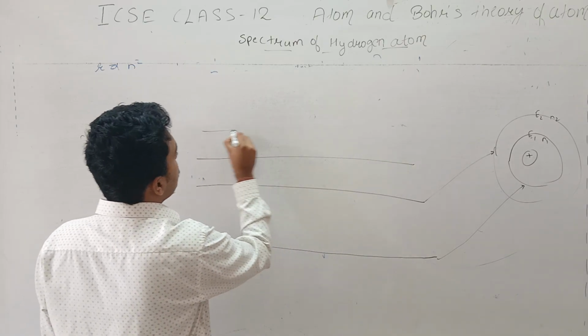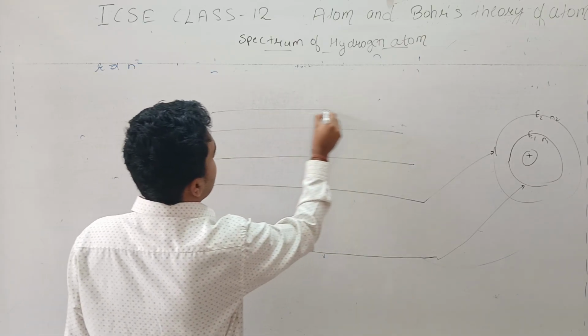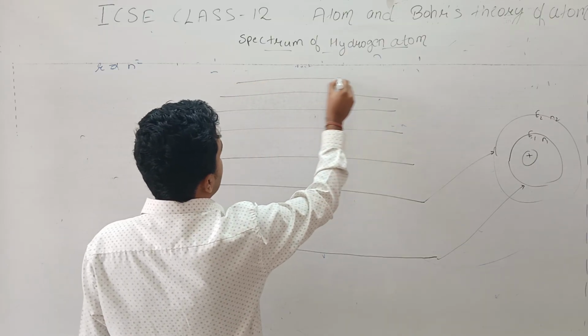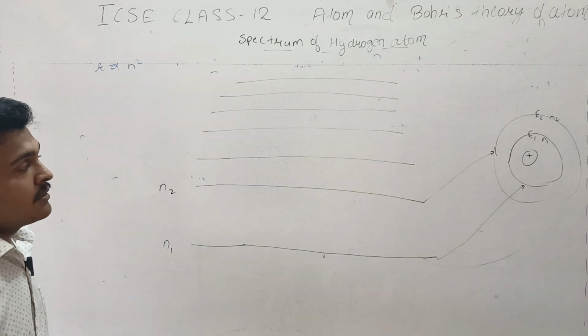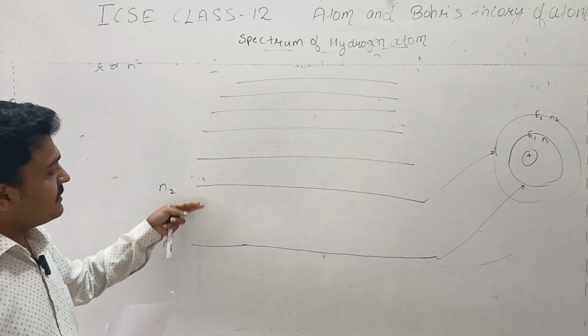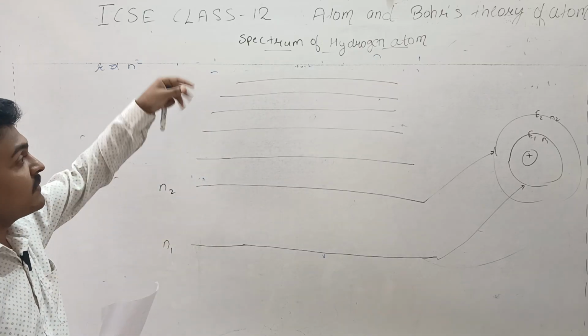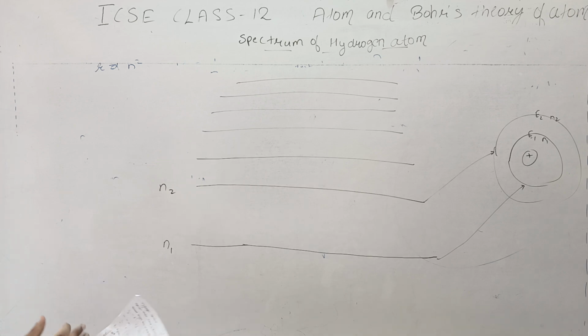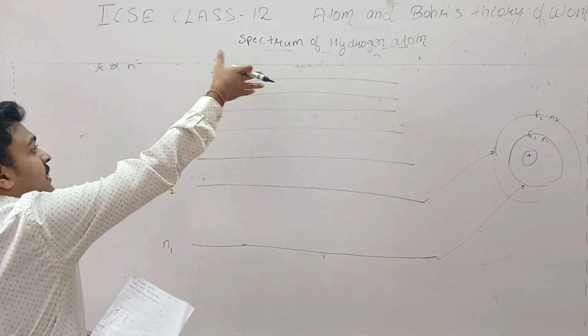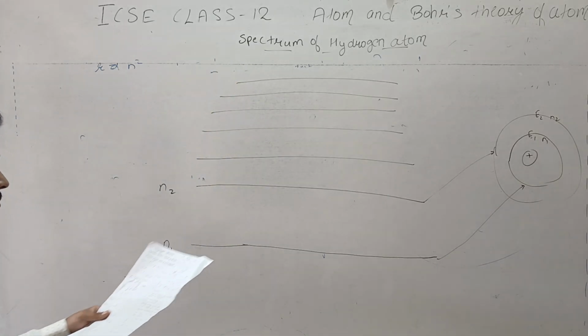Then we can draw other states as well. The distance between the states goes on decreasing. The difference between the first and second state is maximum, after that the difference decreases. We will study in higher classes why this distance goes on decreasing.